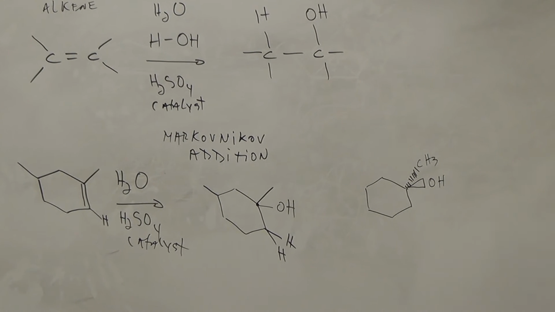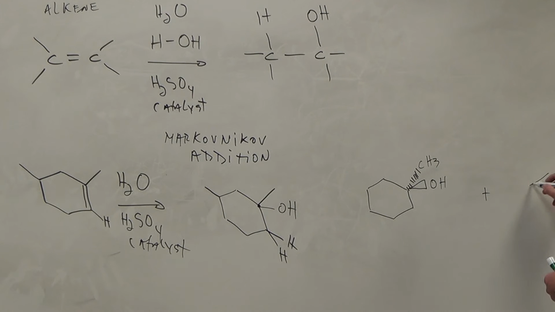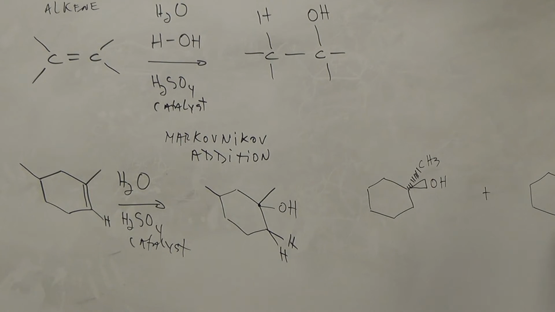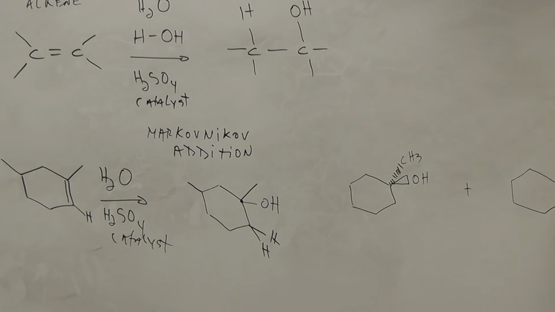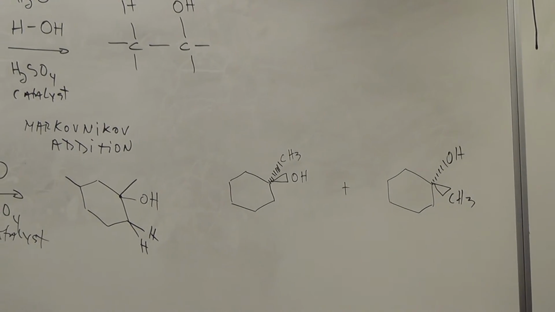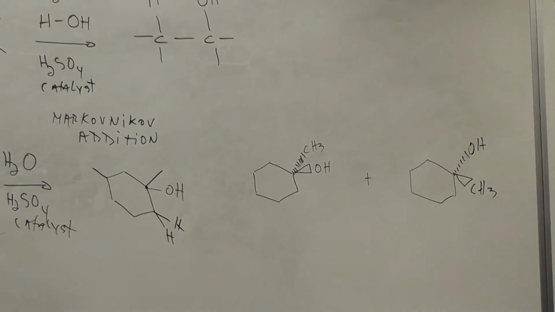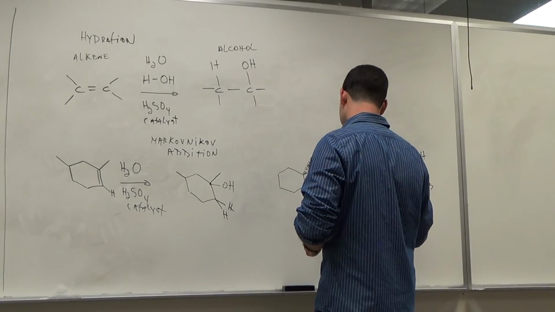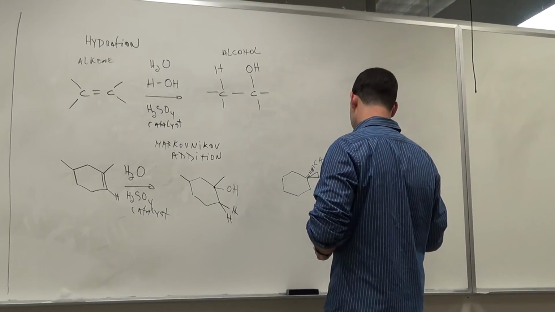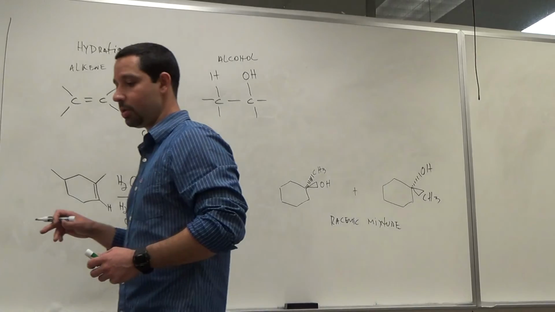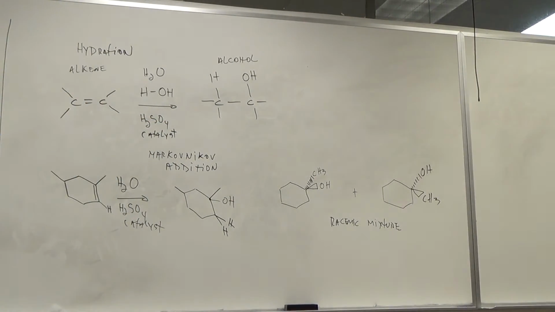Then you draw the other one, in which it's opposite: on one side you have the OH, and on the other side the CH3. What are they of each other? They are enantiomers. What type of product is this? This is a racemic mixture, because the product was chiral.